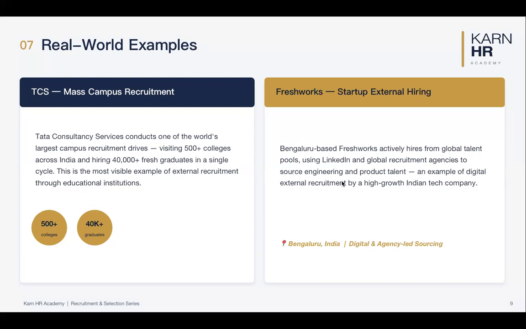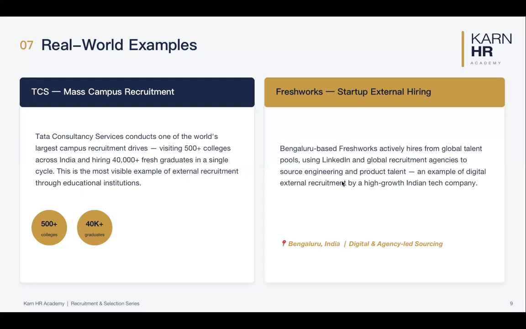This is the most visible example of external recruitment through educational institutions, because it also has benefits for the company: access to a large talent pool, cost effective hiring in bulk, and the opportunity to train fresh graduates according to company requirements. For example, a final year engineering student gets selected through a TCS campus placement drive and joins the company after graduation. So this is one of the most prominent examples of external recruitment.